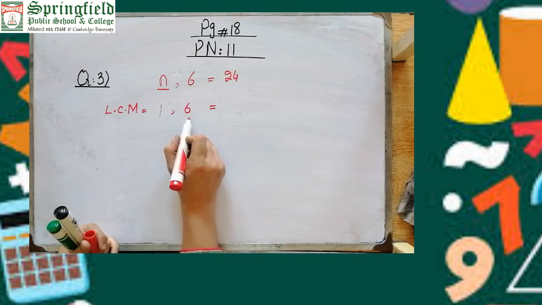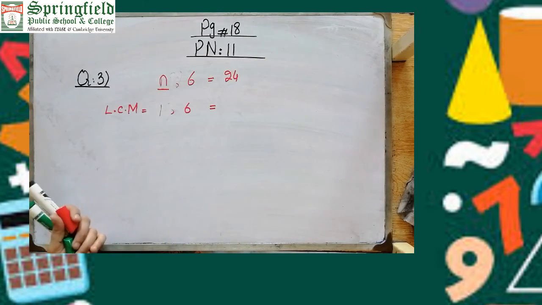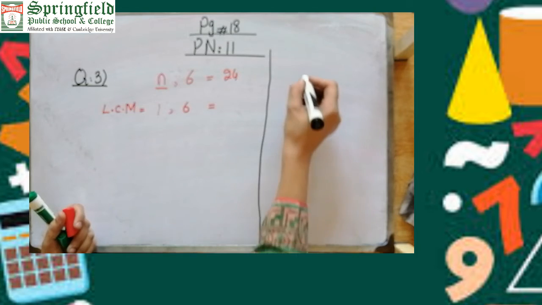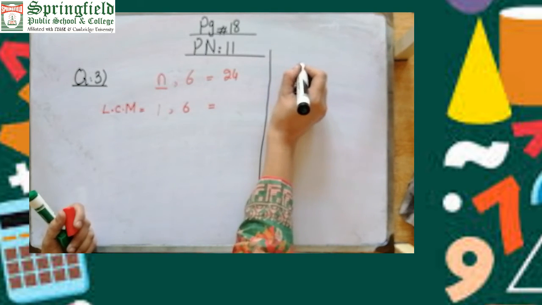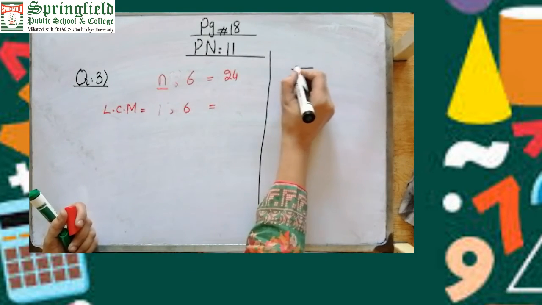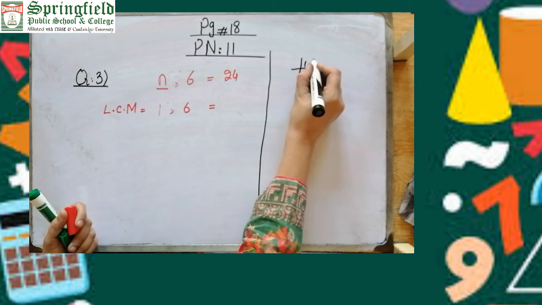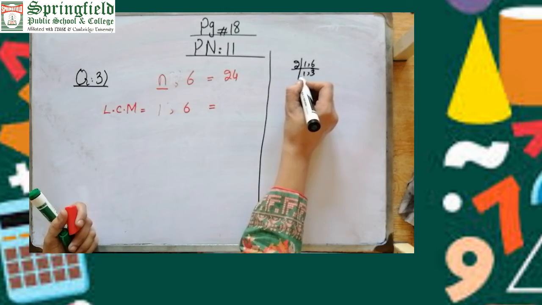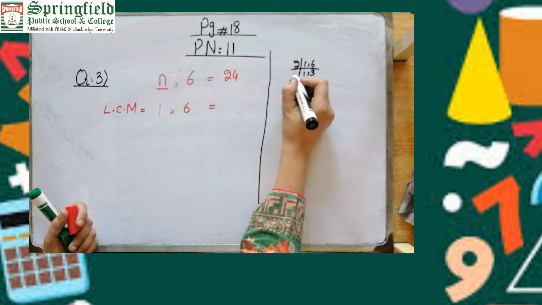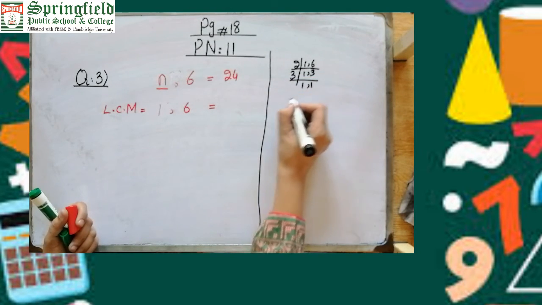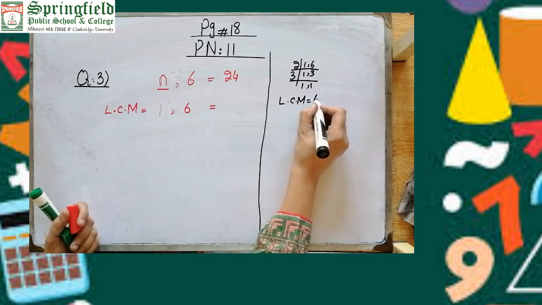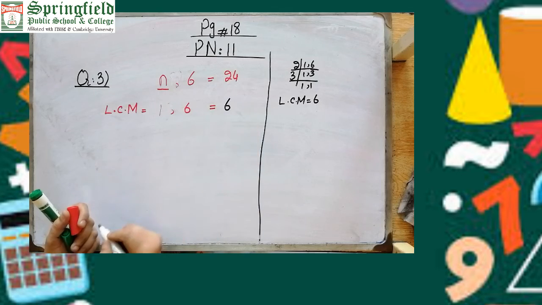So what will be the LCM of 1 and 6? You can draw a line here. First we will find the factors of 6 and 1 and 6. 2 3s are 6 and 3 1s are 3. It means the LCM of 1 and 6 is 6. So write here LCM 6.